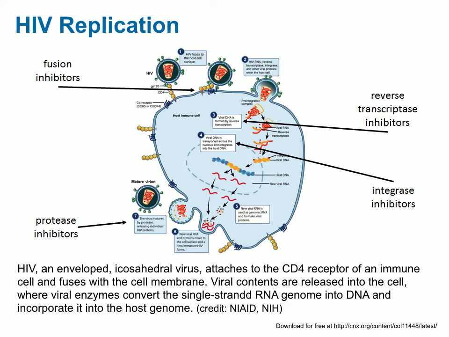So the virus has several enzymes, and even another enzyme that helps the viral proteins be separated. And so the virus has three enzymes: reverse transcriptase, integrase, and protease. And drug treatment will work on affecting those enzymes.